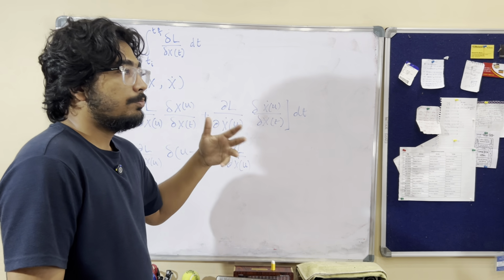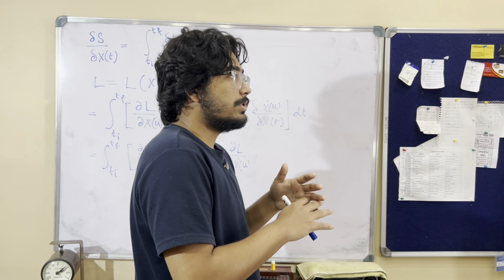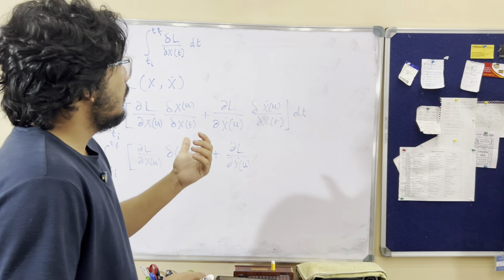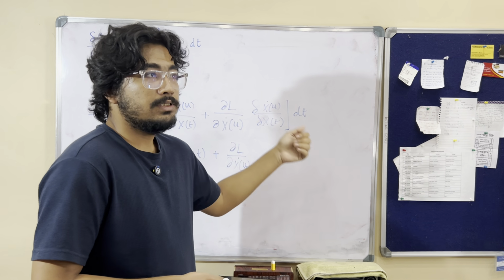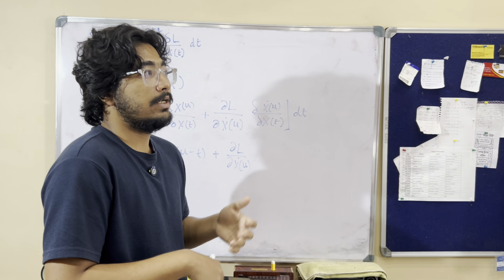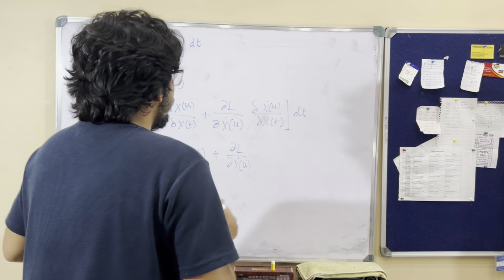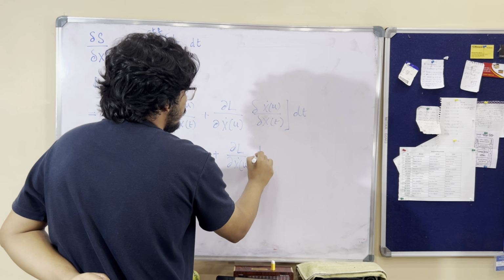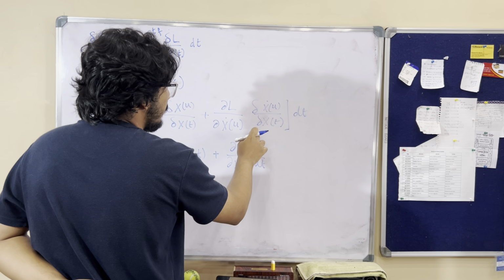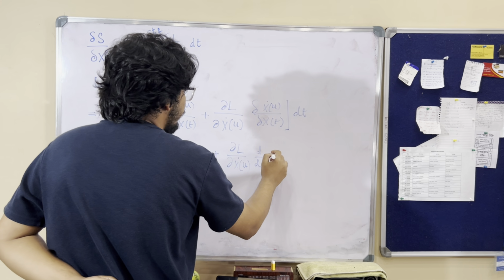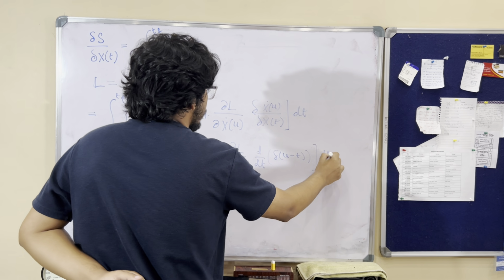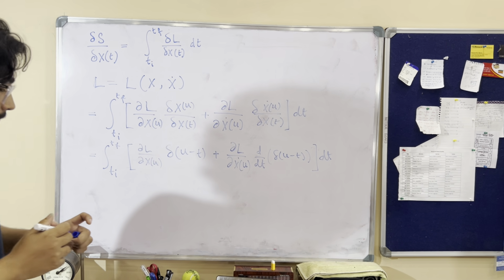So the two differentiations are not related to each other, they do not depend upon each other, so they can commute. Like I can take the functional derivative first, then take the time derivative, or I can take the time derivative first, then take the functional derivative, and it will give the same answer. So I am taking the time derivative out, and inside I will have delta x of u by delta x of t, and that will again give me the Dirac delta function, this thing. Okay.